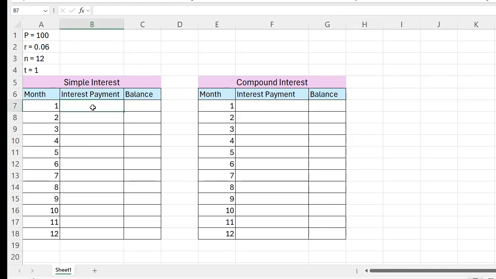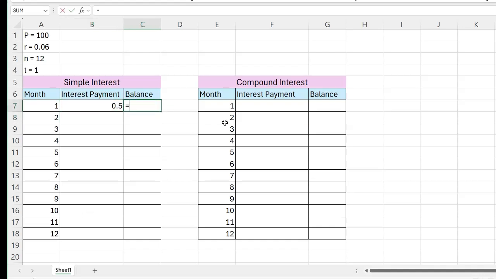In a simple interest example, my interest payment would be, let me type in a formula here, equals that $100 times my interest rate. And since I'm going to get it 12 times, I'm only going to get 1/12 of it, so I'm going to divide that by 12 for each month. So I'll get 50 cents.